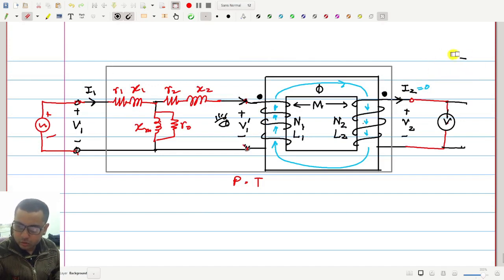Okay. Now, suppose these quantities in the equivalent circuit R1, little r1, little x1, r2, x2, xm, r0, all these quantities are given, and they may be normally experimentally measured.